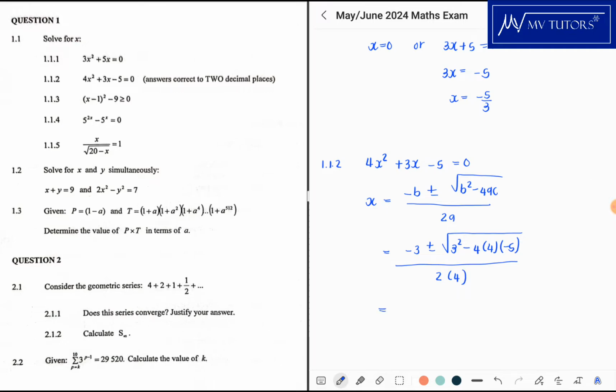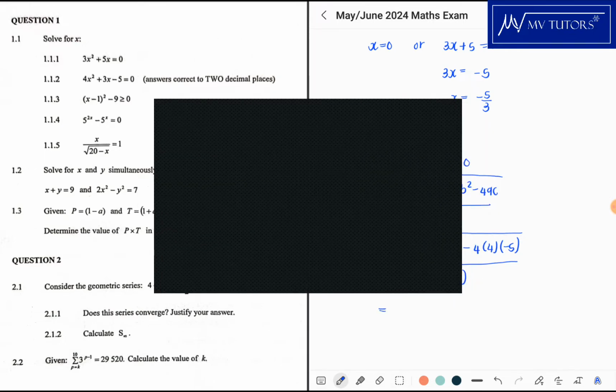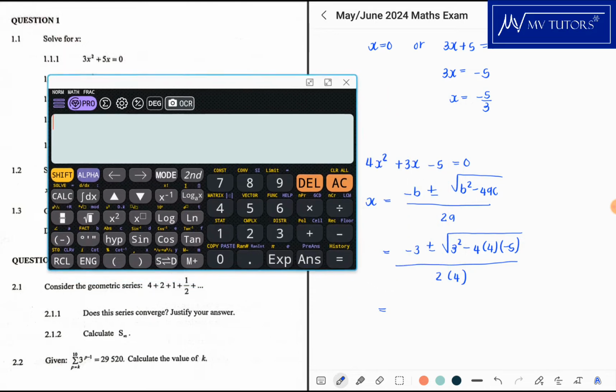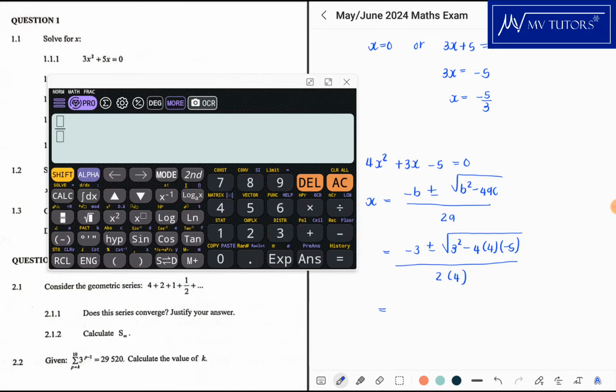This is where we employ the calculator now and aim to get our answer. So put it as it is in the calculator. Okay, so we have 3 squared minus 4 times negative 5. You can put brackets if you want to. Alright, the calculator is still thinking.